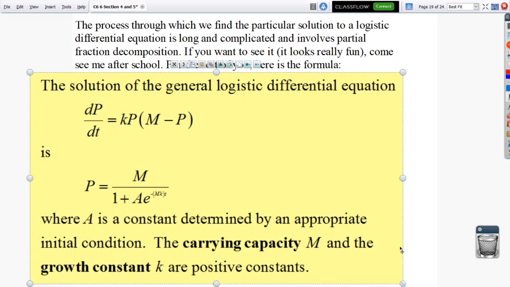What I would recommend is maybe commit that to memory. I've never actually seen on the AP test a problem where they ask you to find the particular solution to a logistic growth problem. But if they did, it'd be in your calculator section. So, there's that.